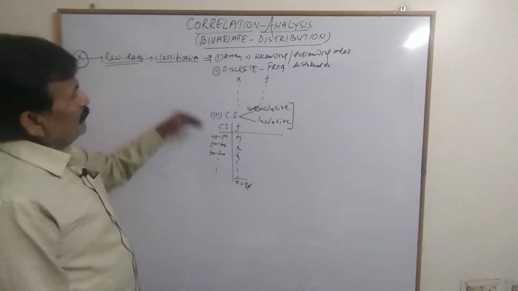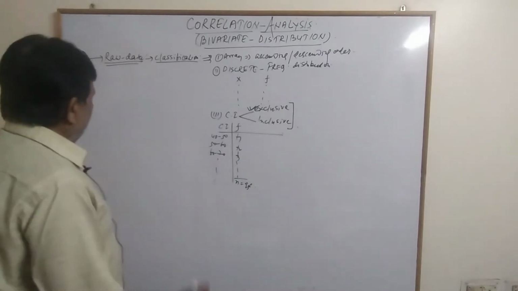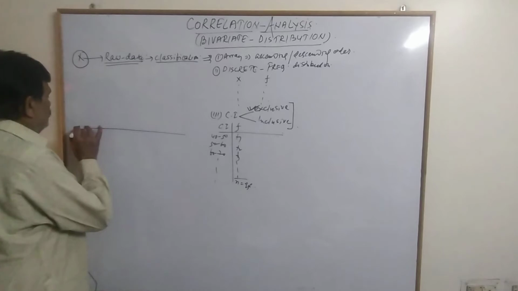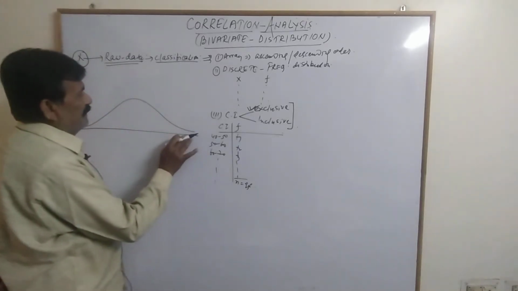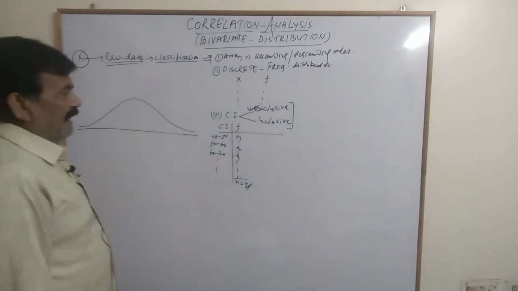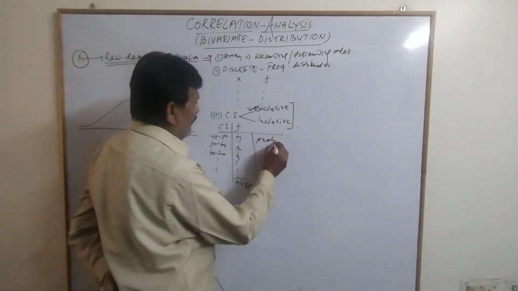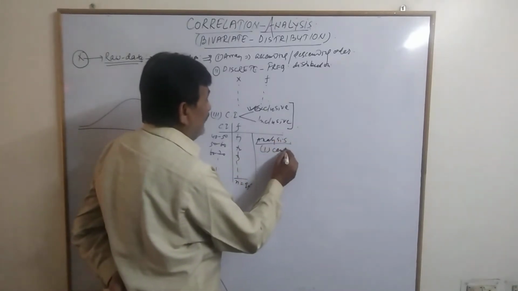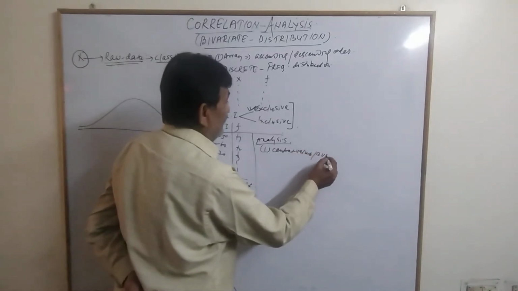Now when we go to analyze this data, this classified data is represented by a frequency curve. And for analysis of the data, we go for the central values, that is average.